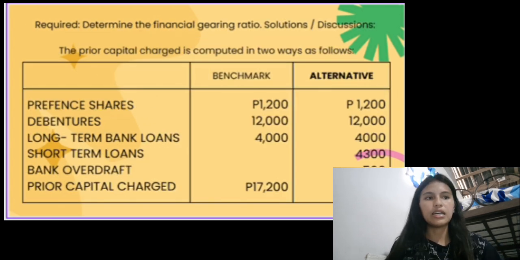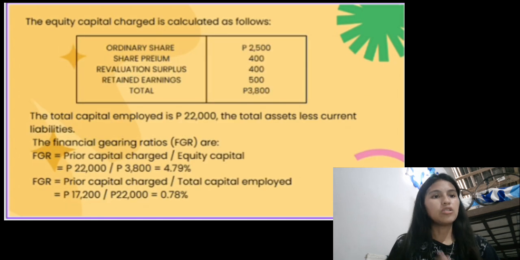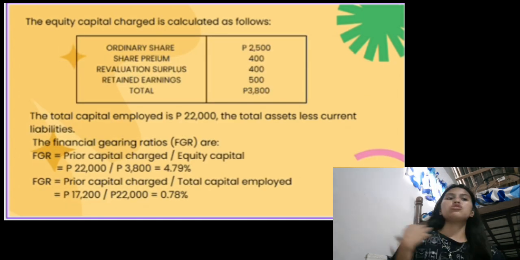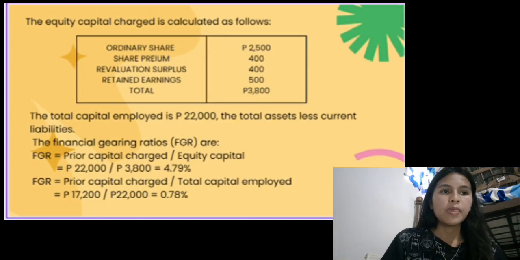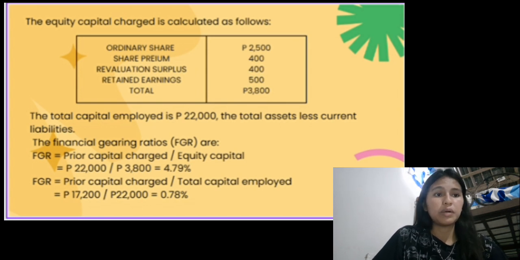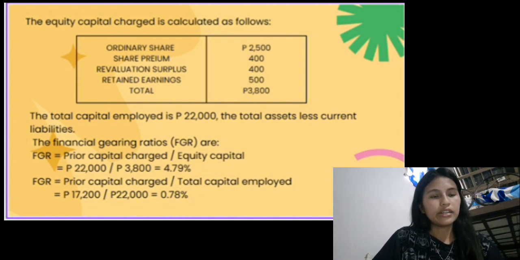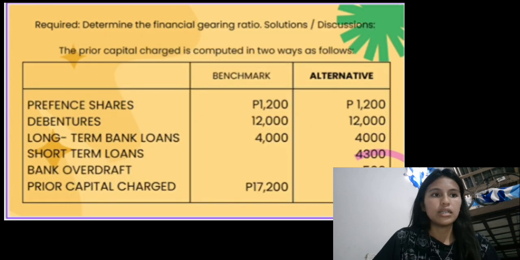Ito yung 3.8 niya. Then, i-divide natin 22,000 divide 3.8 is 4.79%. Then, yung other way naman is prior capital charge divide total capital employed. So, atong benchmark natin na 17,200. Then, di-divide natin sa alternative natin na 22,000 is 0.78%.